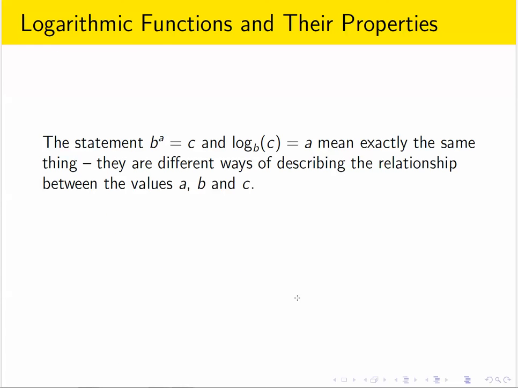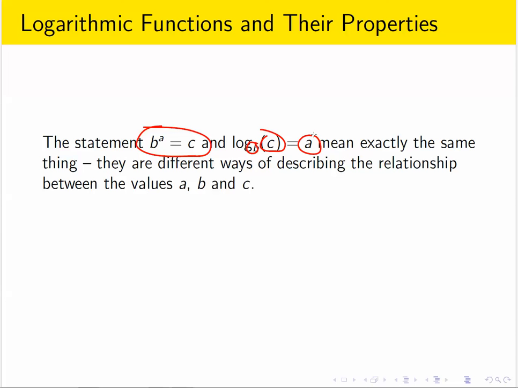So we can see that there are two different ways of expressing the relationship between values when there's an exponential relationship. Like if I say that b raised to the power a equals c. Another way of thinking of that is a is the power of b you need to get c. So the power of b you need to get c is a.